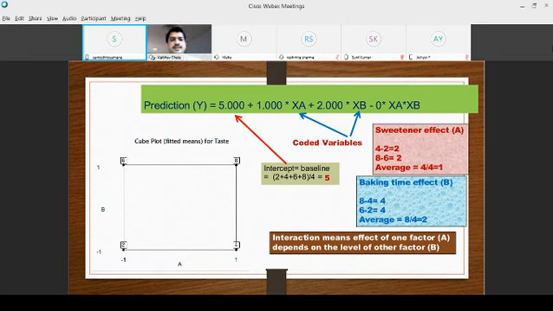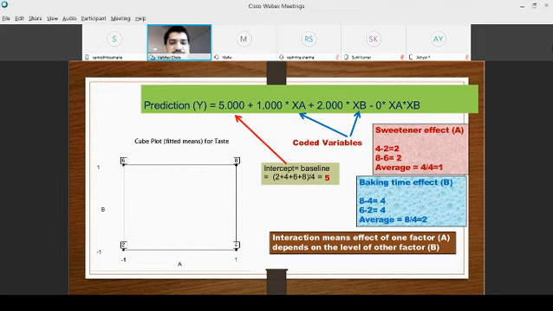Now here the interaction is 0. The interaction between xa and xb is 0. Why is it 0? Let me take the example of this, how we calculate this interaction effect.